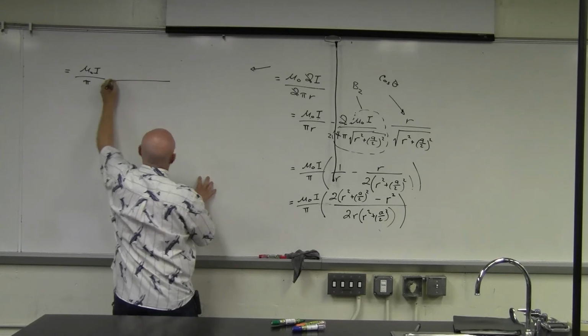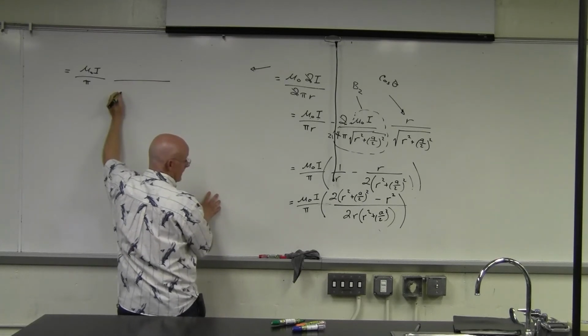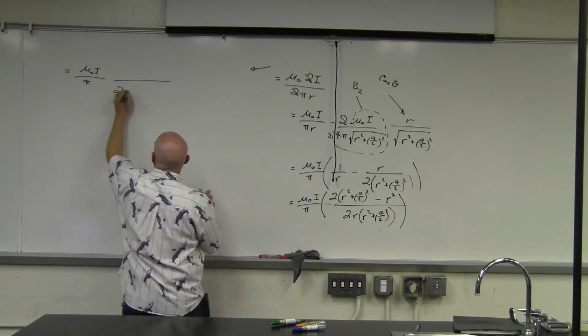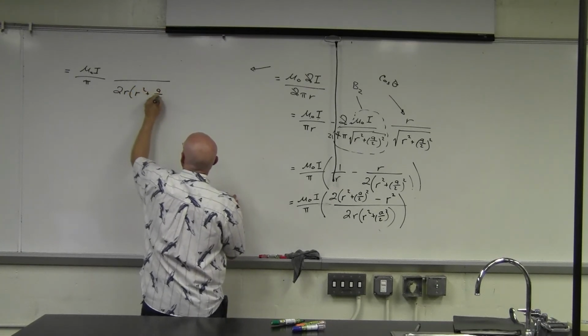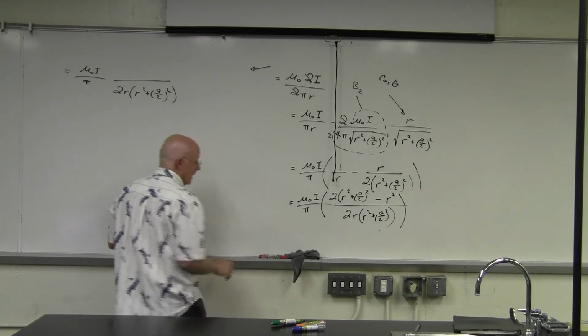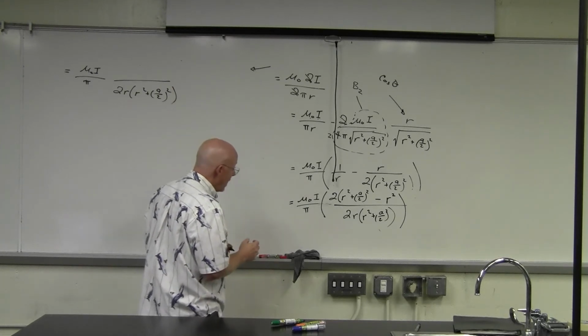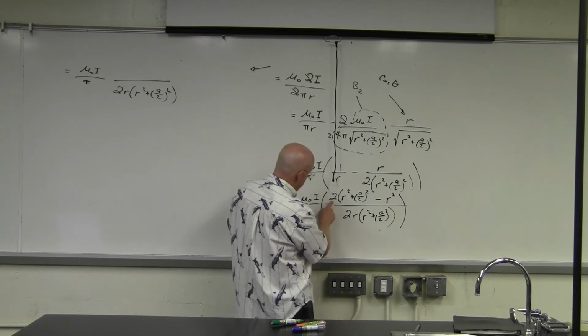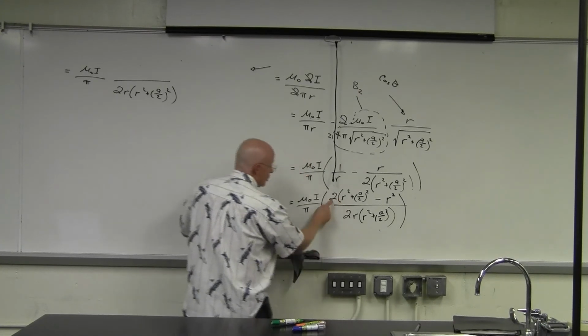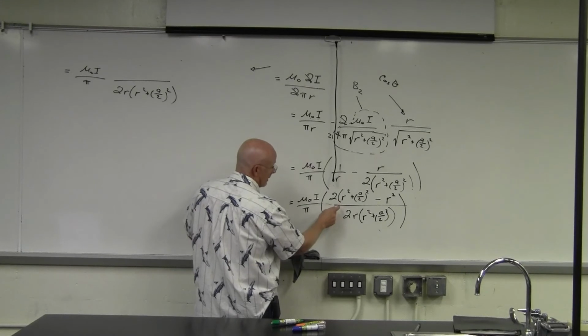And maybe for starters, I'll leave the 2r and then the r squared plus the a over 2 squared alone. Let's just take a look at the top here, because here would be a 2r squared.